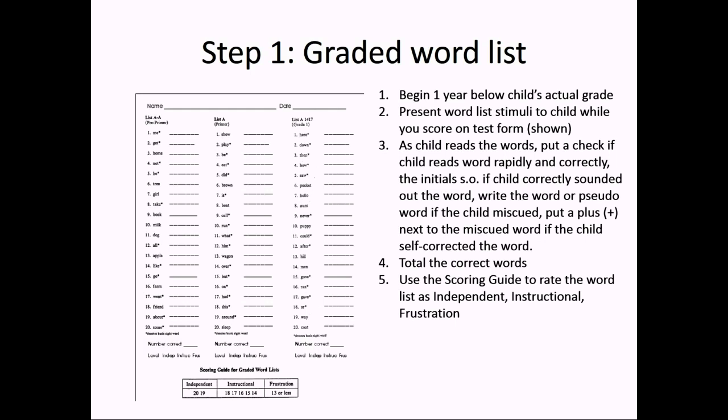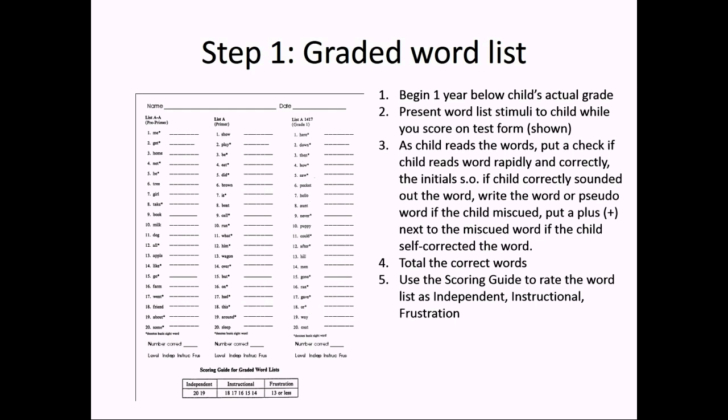And if the child read 13 of the words correct, I'd write that under number correct, and I'd look at my guide and look at the far right column where it says 13 or less is frustration, so I would circle the frustration level. And I would do that for every one of the word lists until that frustration level is reached.